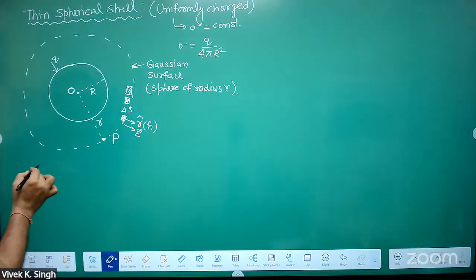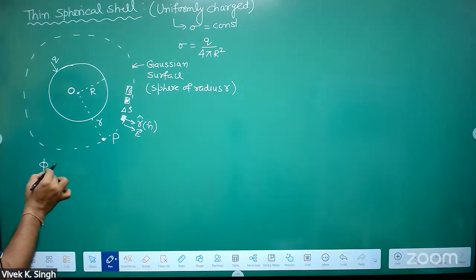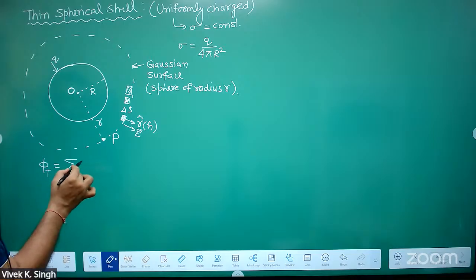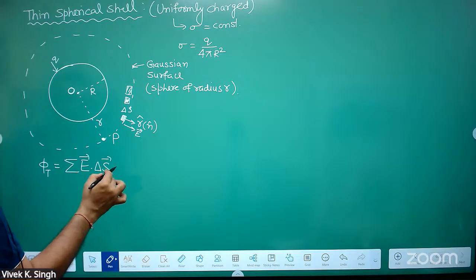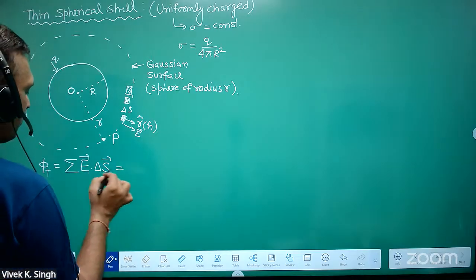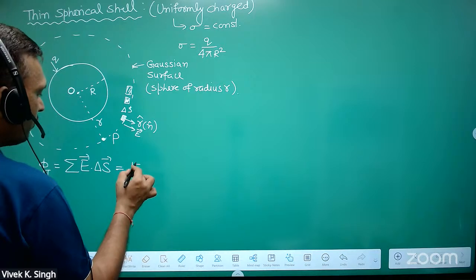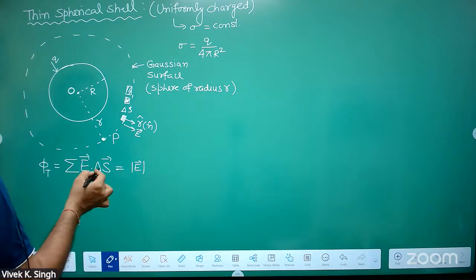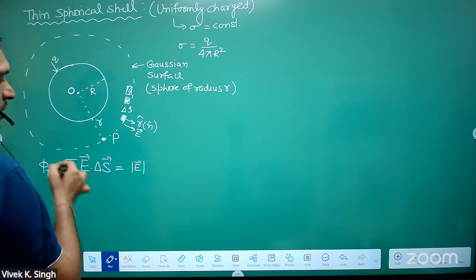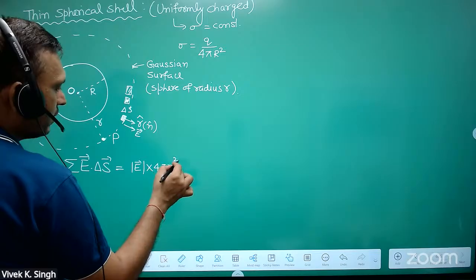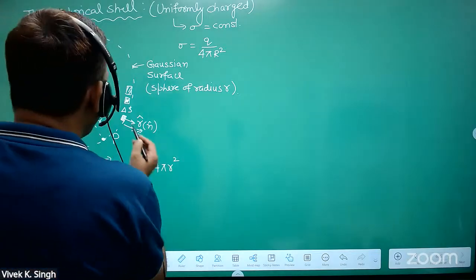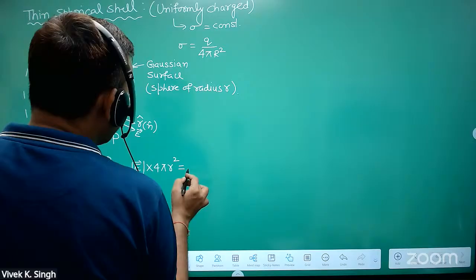So if you find the total flux, that is the sum of E delta S, this will be the magnitude of E times the summation of delta S over this sphere, which gives 4 pi r square. And what will be the total charge enclosed?